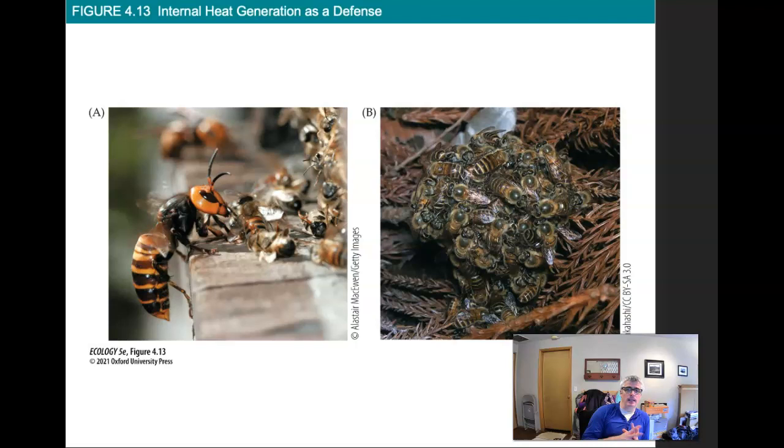Here's an example of bees generating heat by contracting their flight muscles, and the heat generated is a defense against Asian giant hornets, the killer hornets that we now have showing up on our shores. So they can swarm it, make a bunch of heat, and then basically cook the giant Asian hornet, generating temperatures of about 47 C, which is 117 Fahrenheit. So it's kind of an interesting mechanism there.